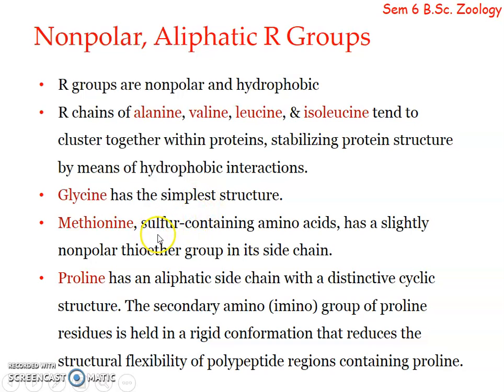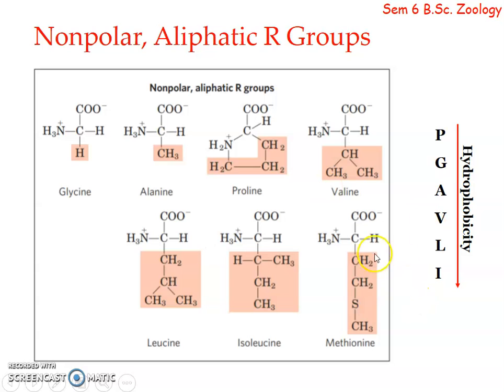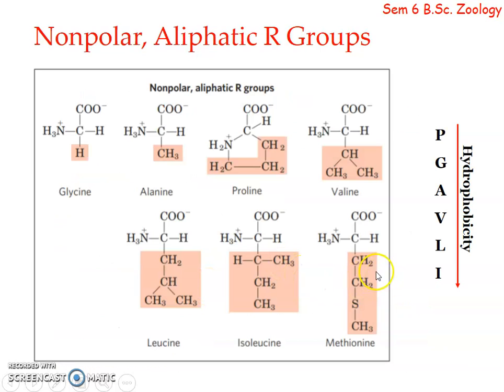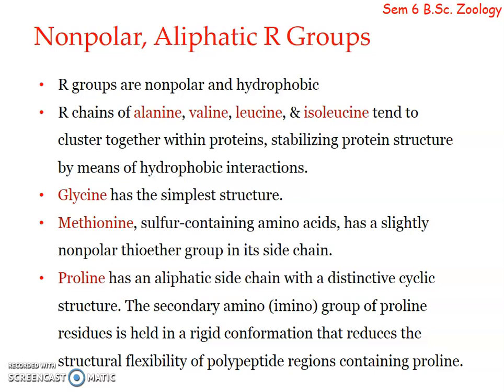Okay, next we have methionine. Methionine is a sulfur containing amino acid. You can see here it is a sulfur containing amino acid, and this has a slightly non-polar nature. So this thioether group is slightly non-polar or hydrophobic in nature. Proline, on the other hand, you can see the structure. It has an aliphatic side chain with a distinctive cyclic structure, and it is known as an imino group.